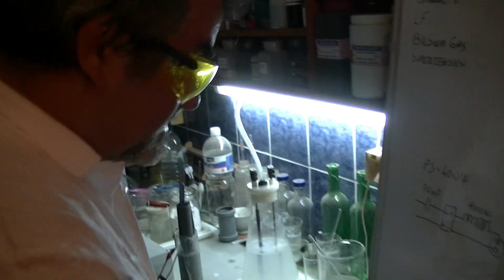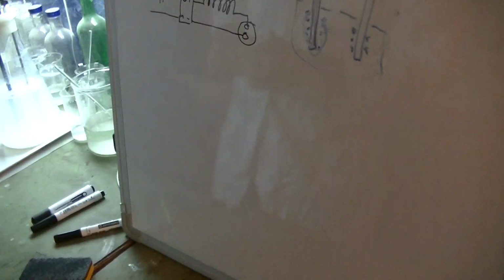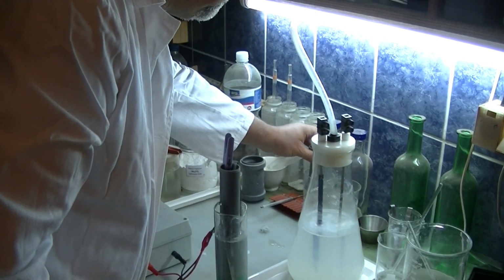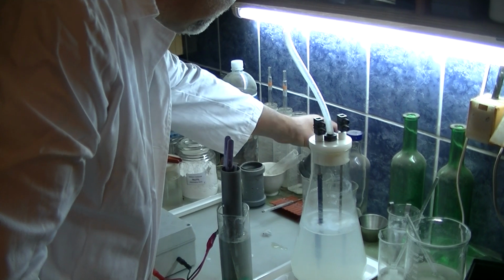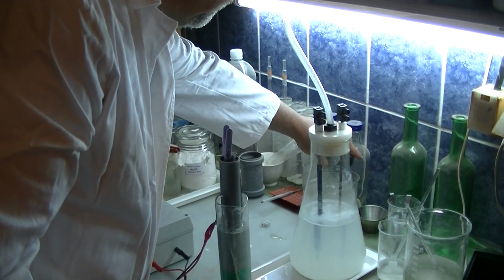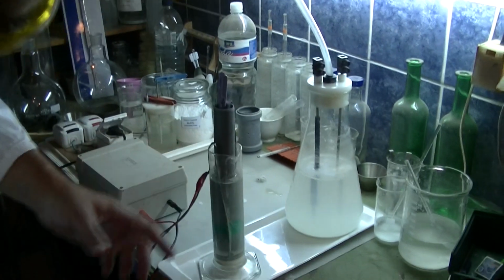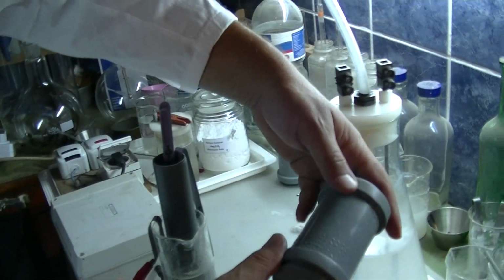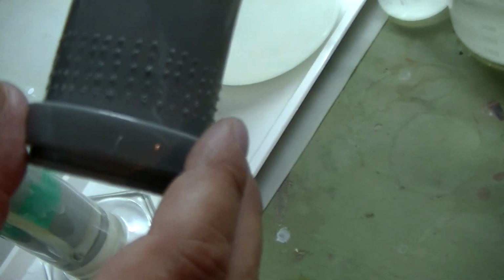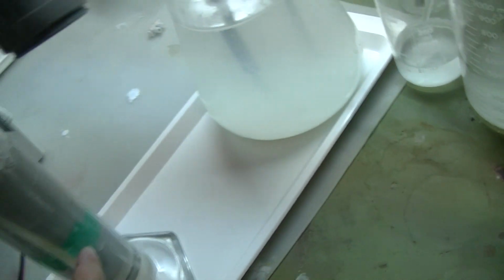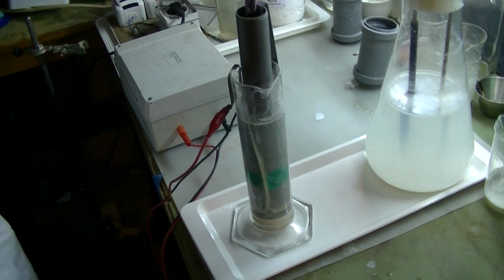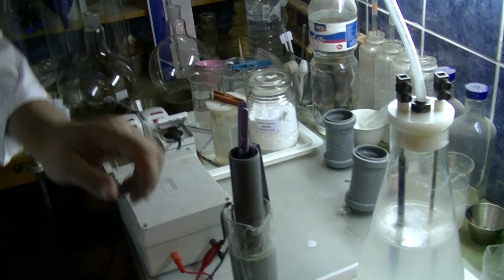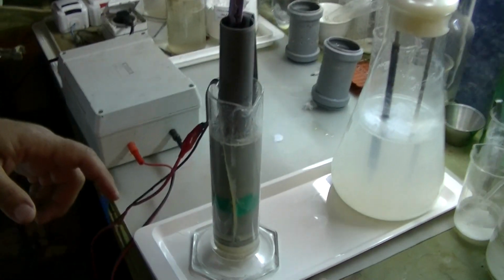I will make some tests to explain it a little better, or to make a small demonstration. This plastic tube is drilled with small holes. There are many small holes like these in this plastic tube, and I put one electrode inside, another outside.